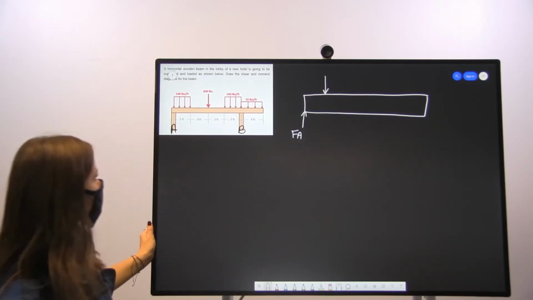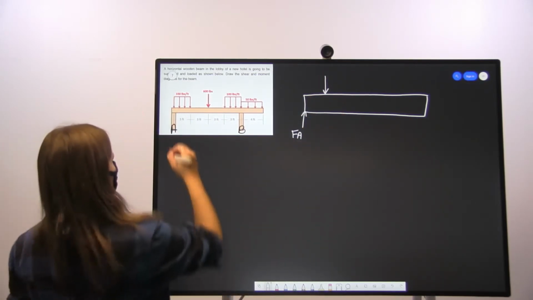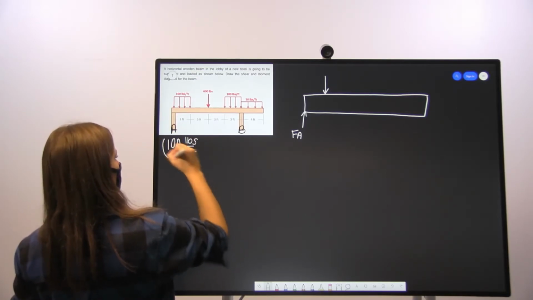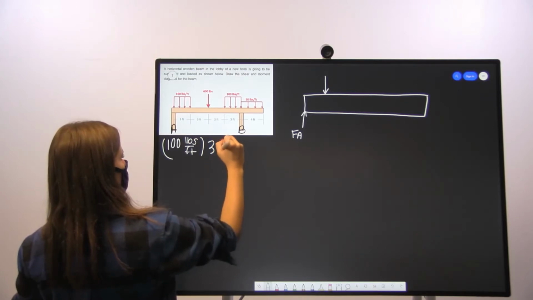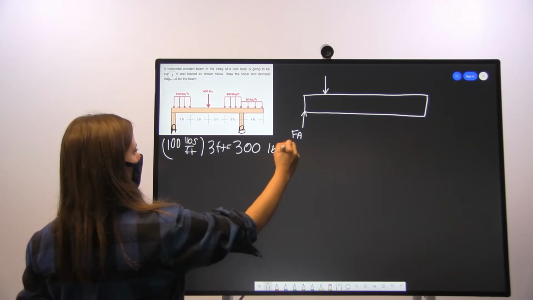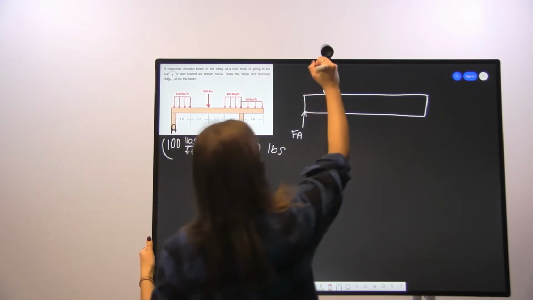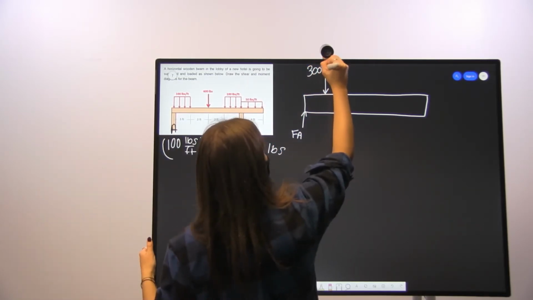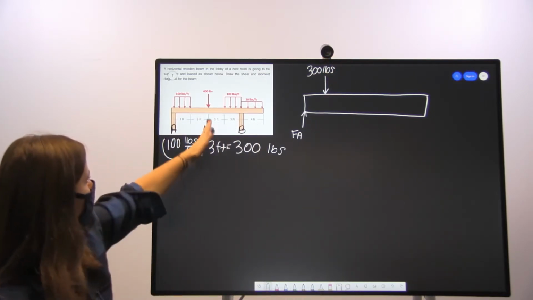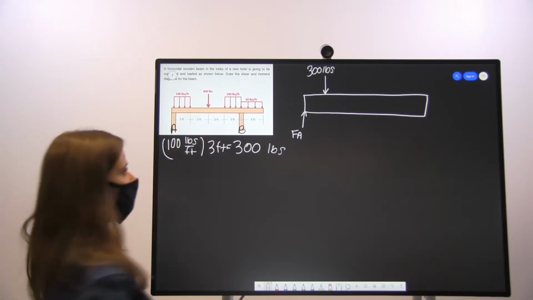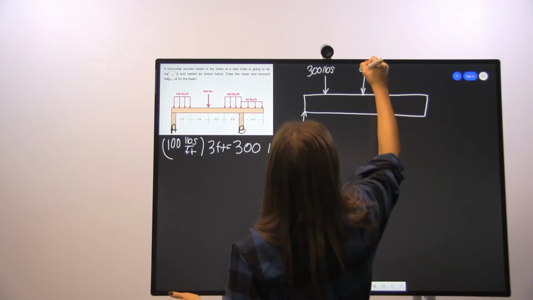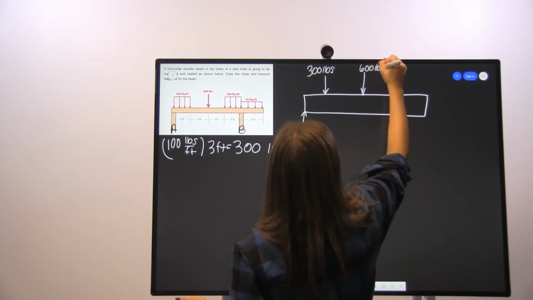And it's 100 pounds per foot. So 100 pounds per foot over 3 feet is equal to 300 pounds. So our point here, 300 pounds. Okay, and then another 3 feet over, we have this downward force of 600 pounds.